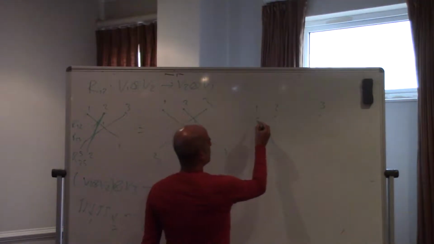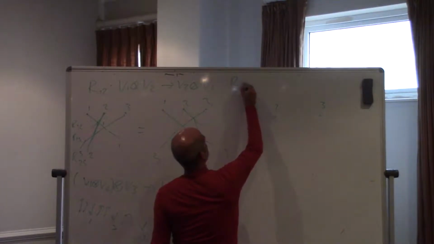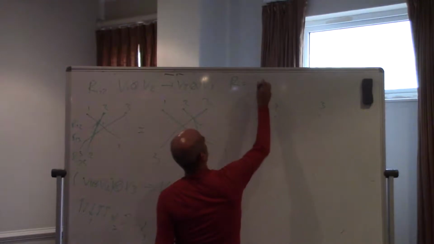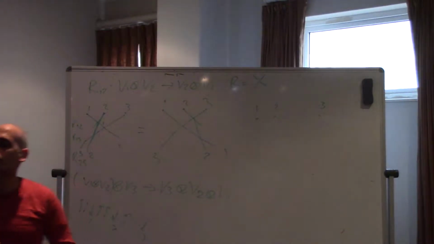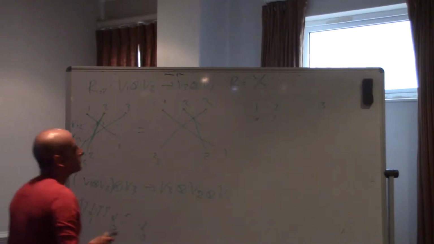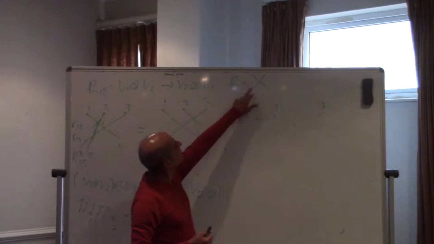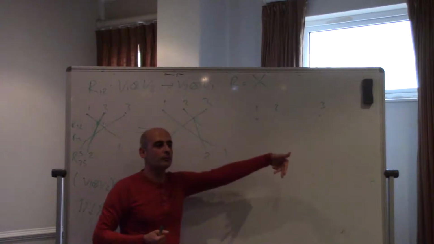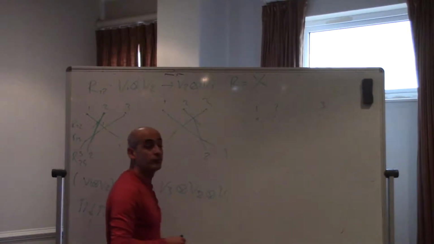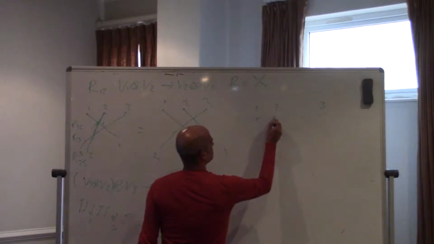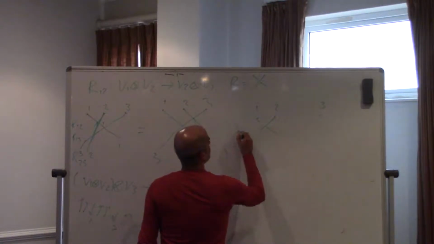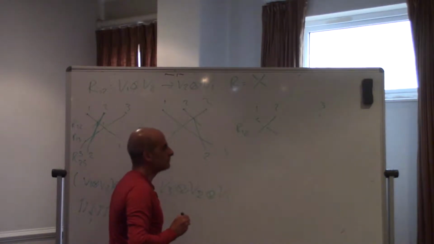For those of you who've seen braided algebras, you can think of R as a braiding, with one of the lines above and the other below, because it allows you to prove many identities like that. So this is the action of R12.